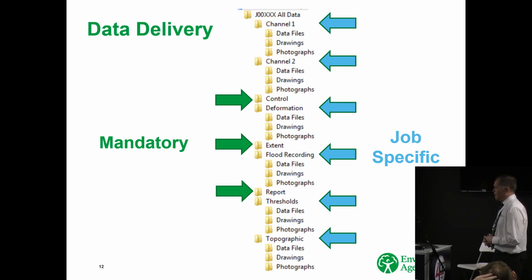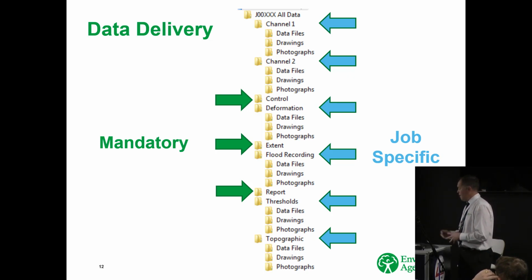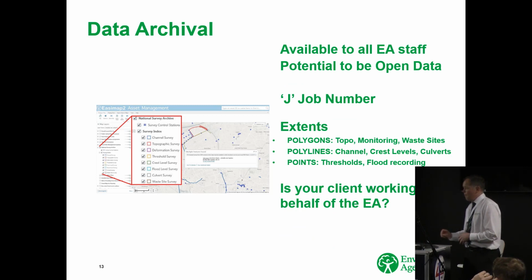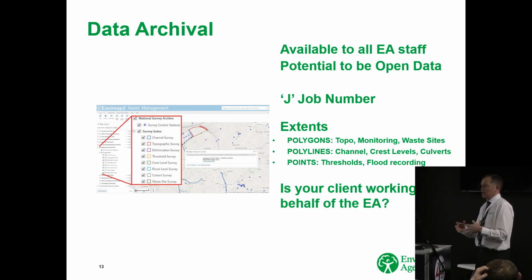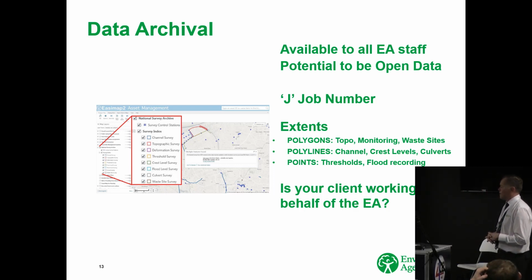The survey extent, we've never really asked for that before, and contractors are forgetting to deliver that with their work. The reason behind that is that we archive the data into a national archive. In the past, I would look after what we had in the northwest, and I had a GIS layer, so I knew what we had data for.